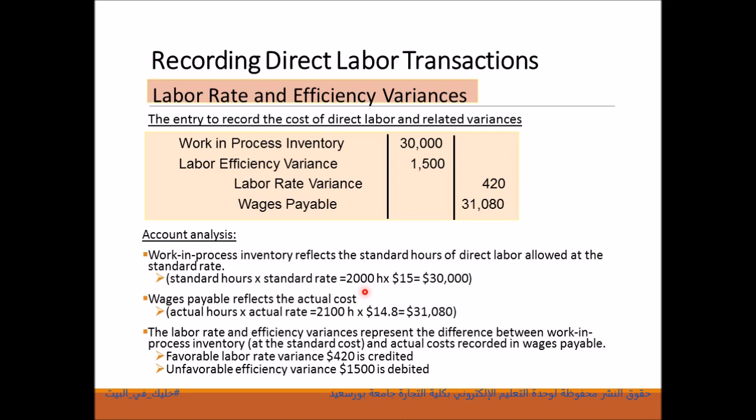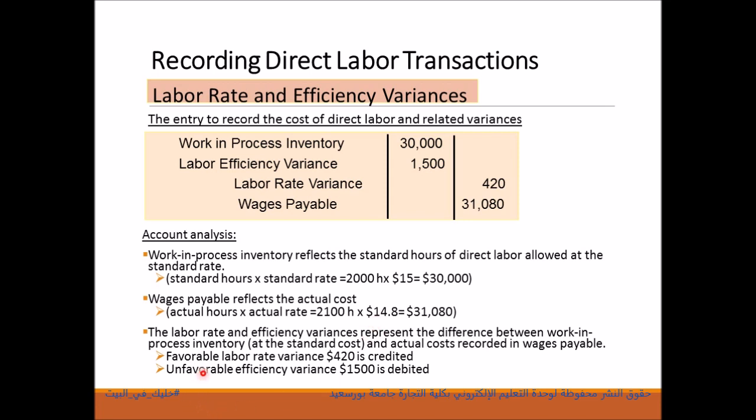the given information, 2000 hours should have been worked to produce the 1000 product units according to standards, and the standard rate per hour is $15. And to determine the wages payable amount, which should reflect the actual cost, we multiply actual hours by actual rate. 2100 hours are actually used to produce the 1000 product units, and the actual rate per hour paid to workers is $14.8.